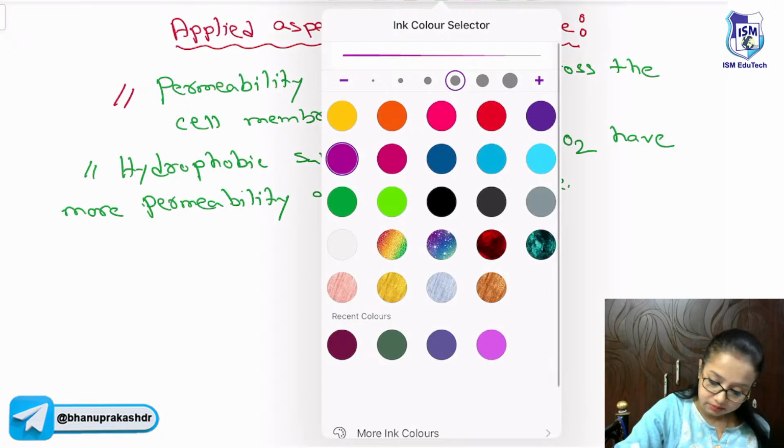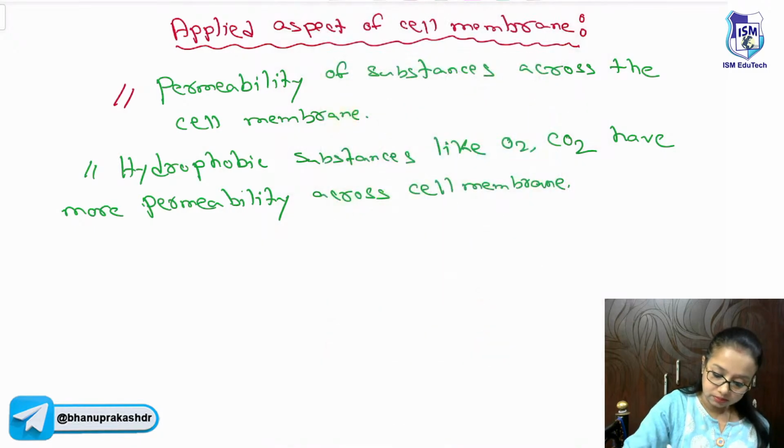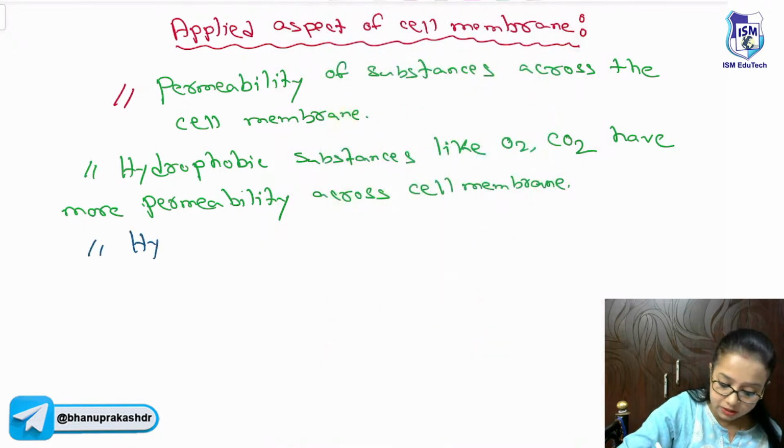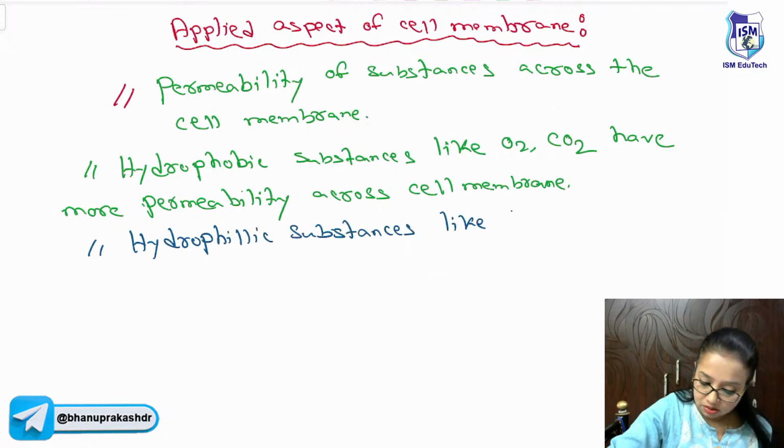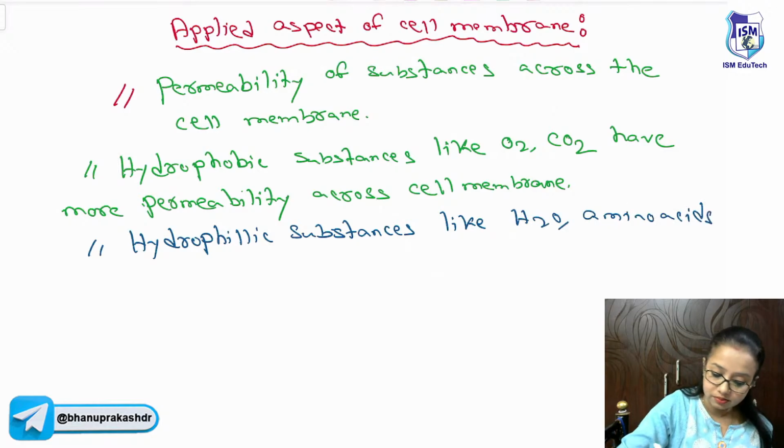Whereas compared to that, obviously hydrophilic substances like water, like amino acids, have less permeability.